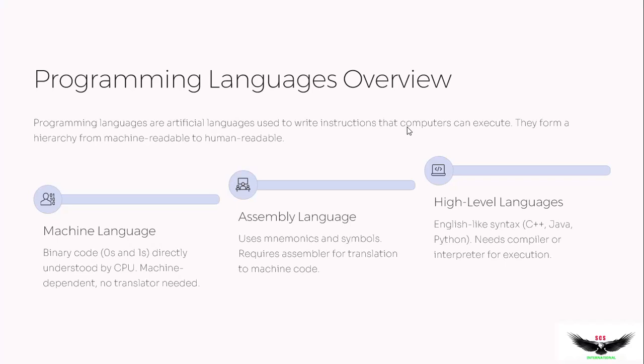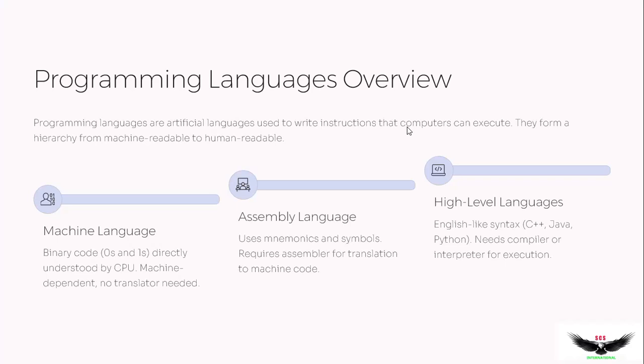You understand the issue? So, one, we have machine language. Machine language is binary code, zeros and ones. It is directly understood by the CPU, so no translation is required.